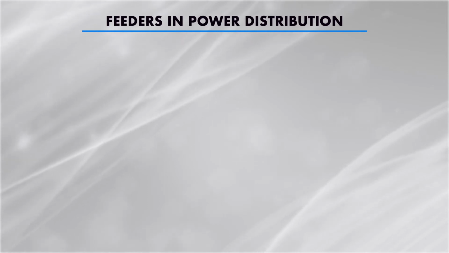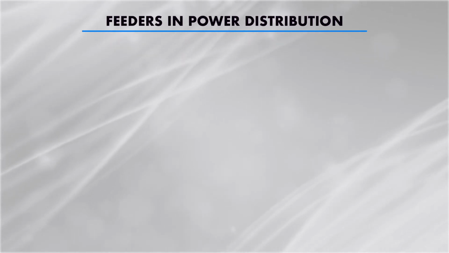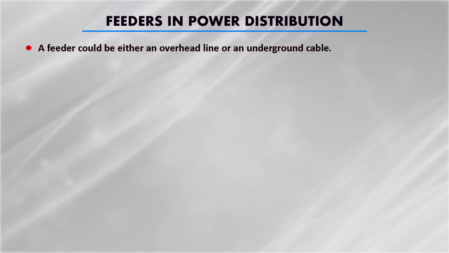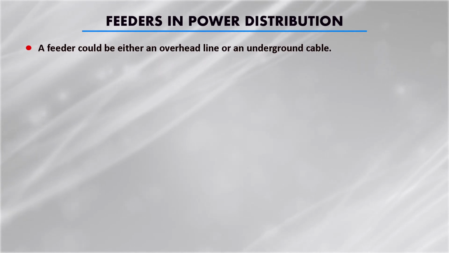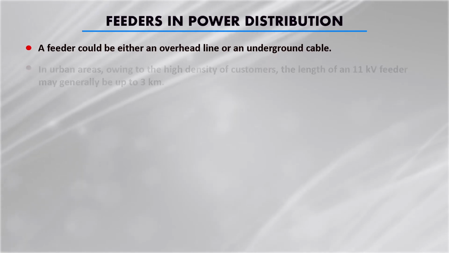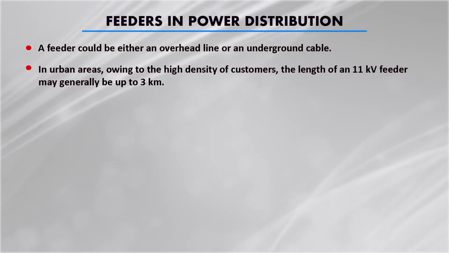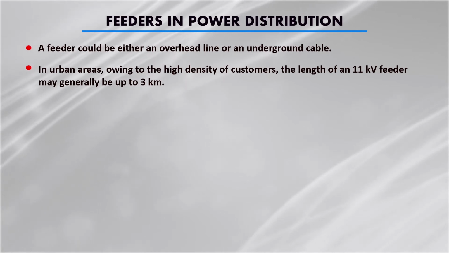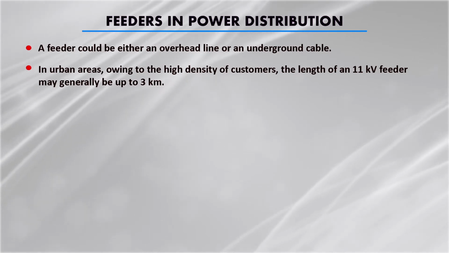When you say power distribution, you have heard the word feeder. This feeder could be either overhead lines or underground cables. In urban areas, owing to the high density of consumers, the length of an 11 kV feeder is generally up to 3 kilometers.